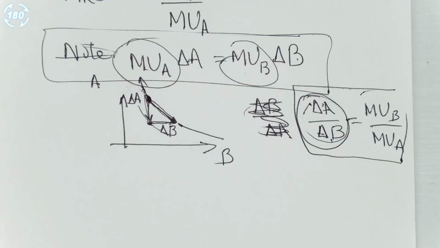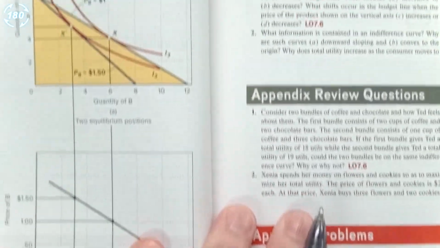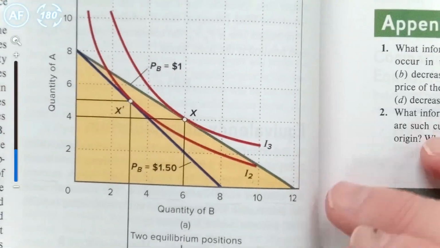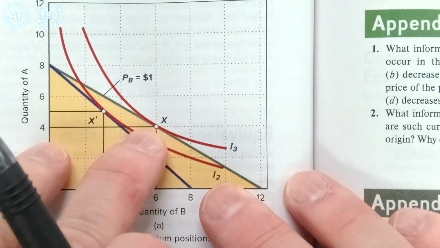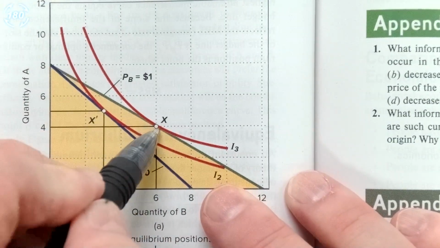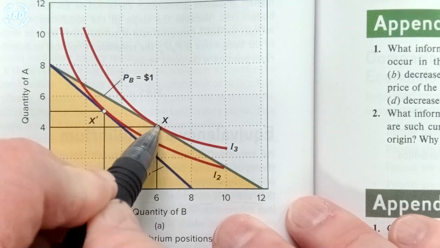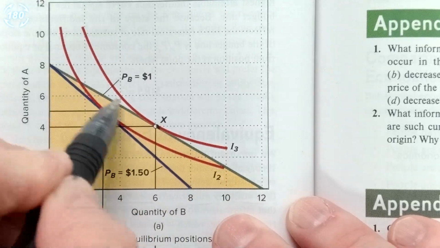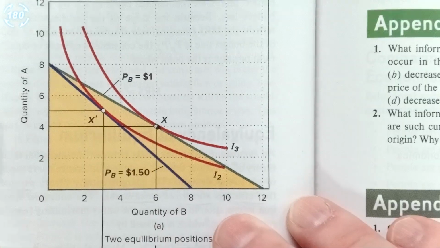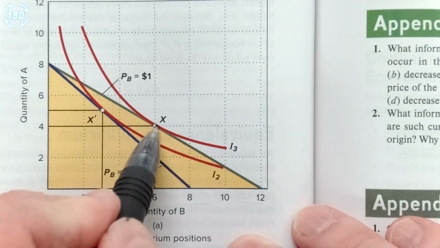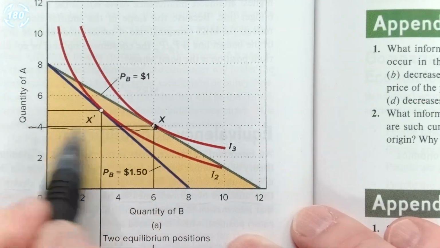Now they have a picture here in your book. Just put this up here a second. And I want you to think about this picture. And I know I'm kind of going through this, but this is just some concepts to think about. This point right here is the best you can do on this budget line. I'll consume 6 pounds of B, oranges, 4 pounds of apples.